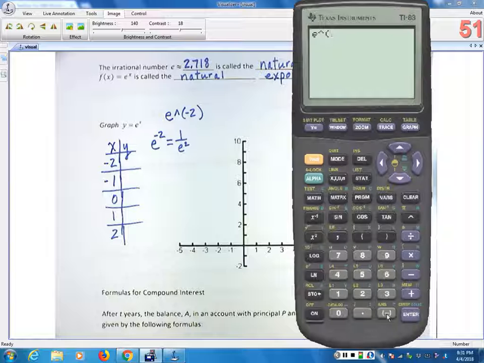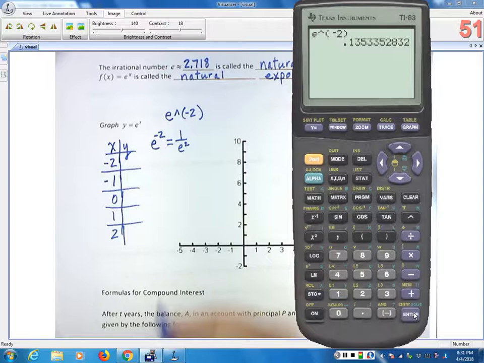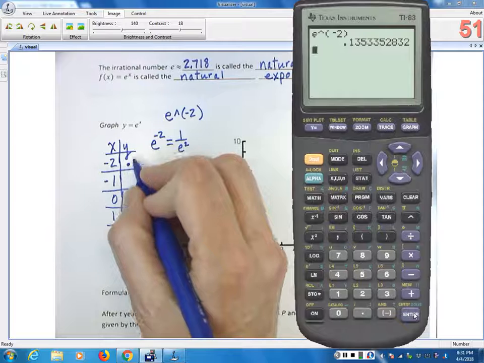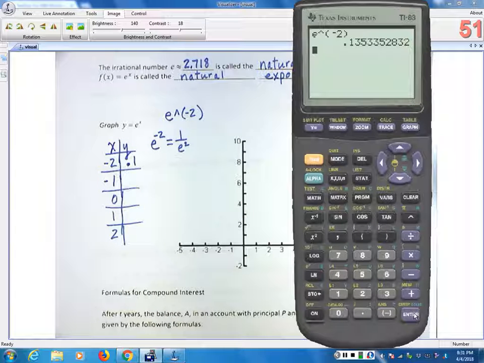And then you want -2. Did everybody find that on your calculator? And since I'm graphing this, I'm going to just put 1 decimal place. This is a crude graph. I'm not going to be able to show more than 1. And then we can just keep doing that.